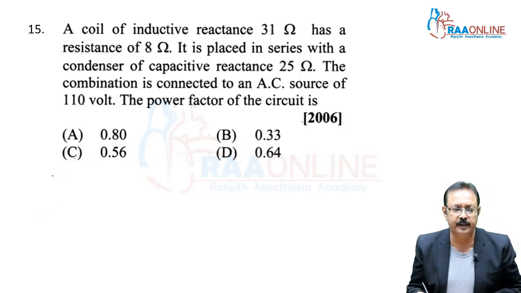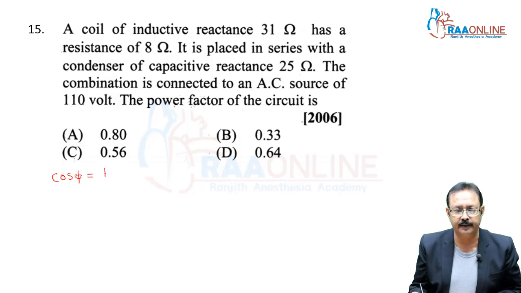Power factor is always R upon Z. What is the formula for Z? It is under root, when all components are there, R square plus XL minus XC whole square.